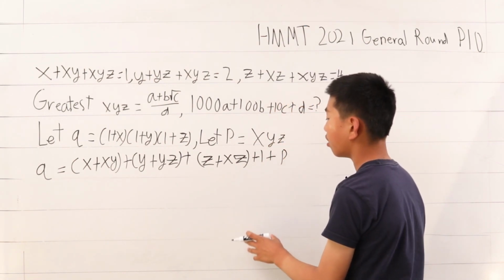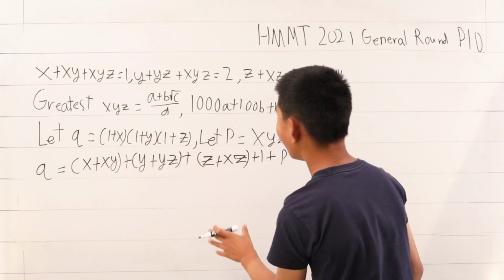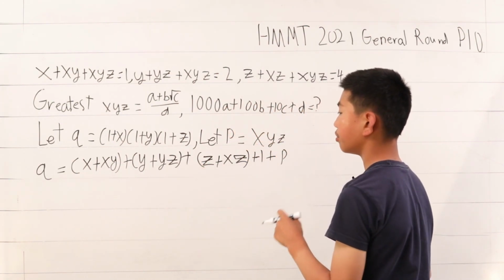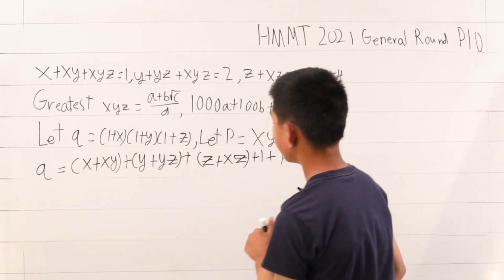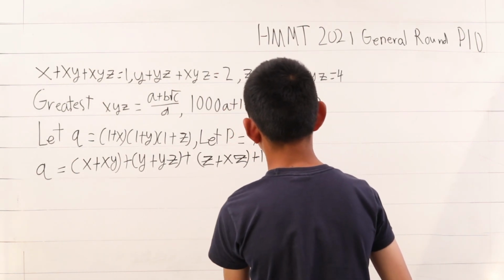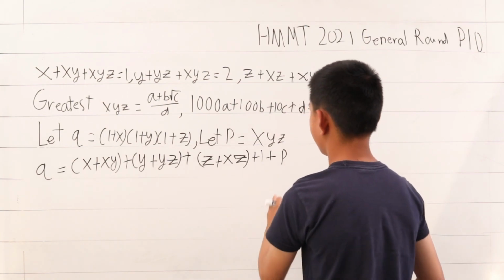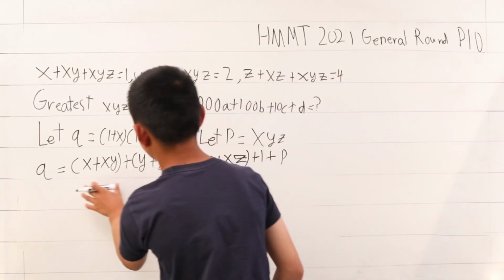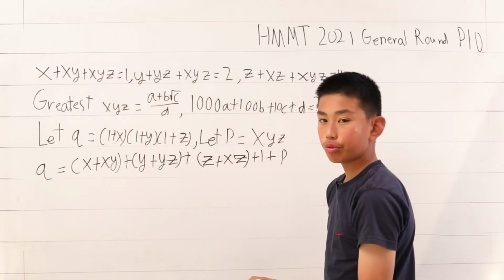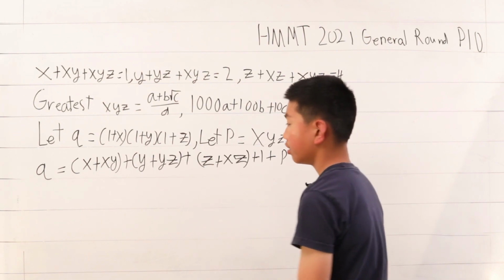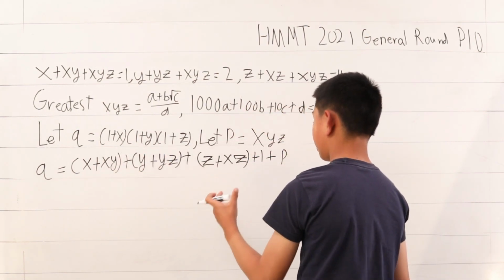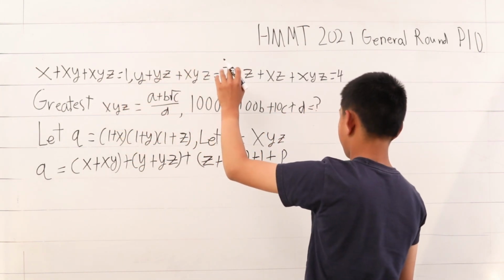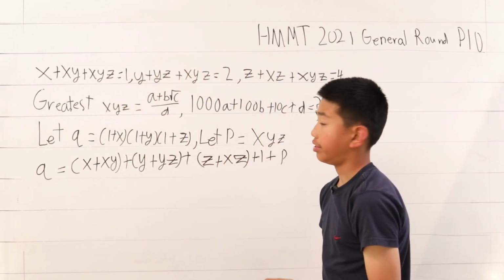Alright, so now we basically have all of these terms for q. Let's take a step back and look at what we have here: an xyz, a 1, and all these three terms. The stuff inside these three parentheses intertwines with the three equations.